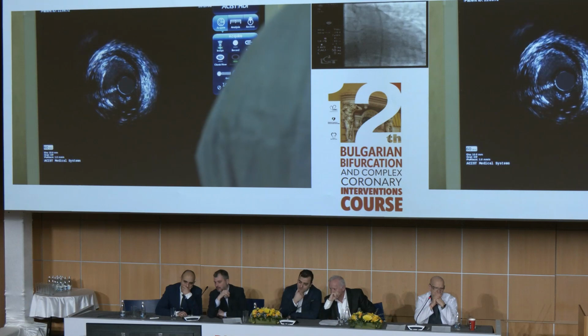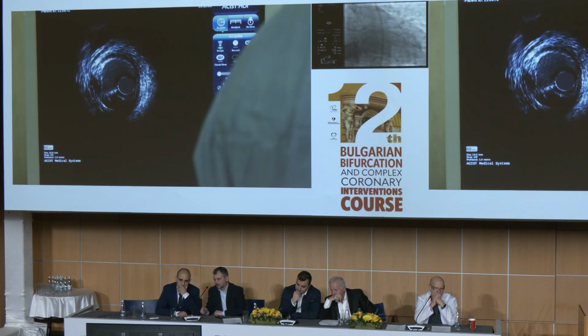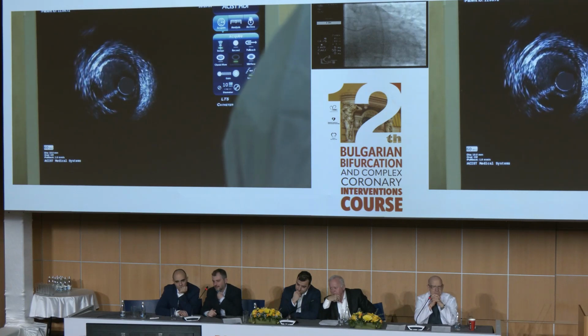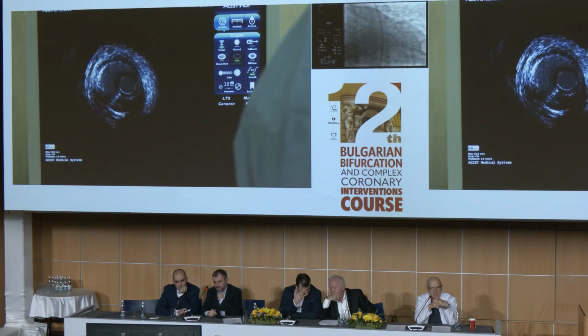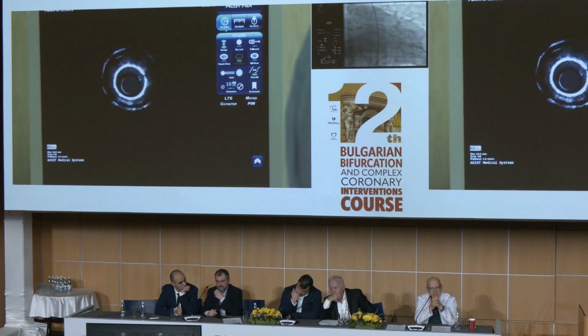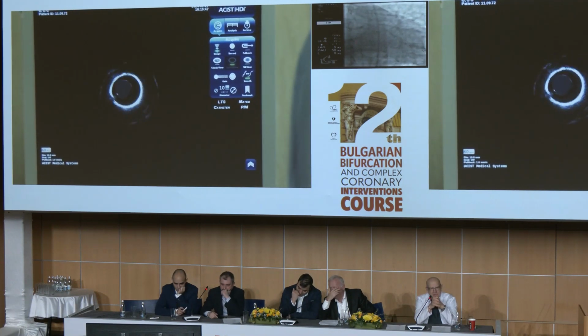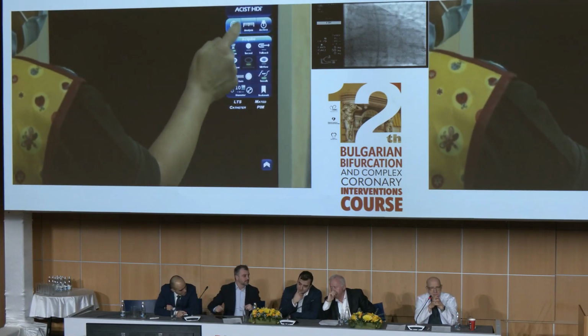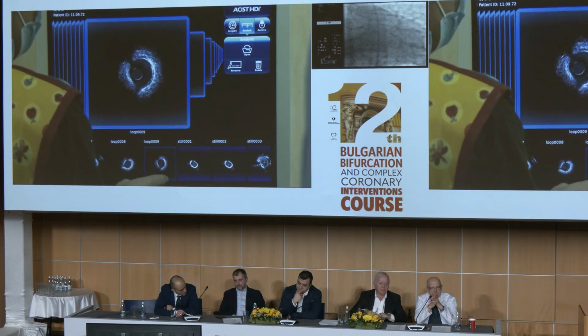Yes, but this is really just very, very short. That's a tiny dissection. The circumference is not big enough, and we can see that the rear of the vessel is good enough. So in terms of this, you can leave this dissection.